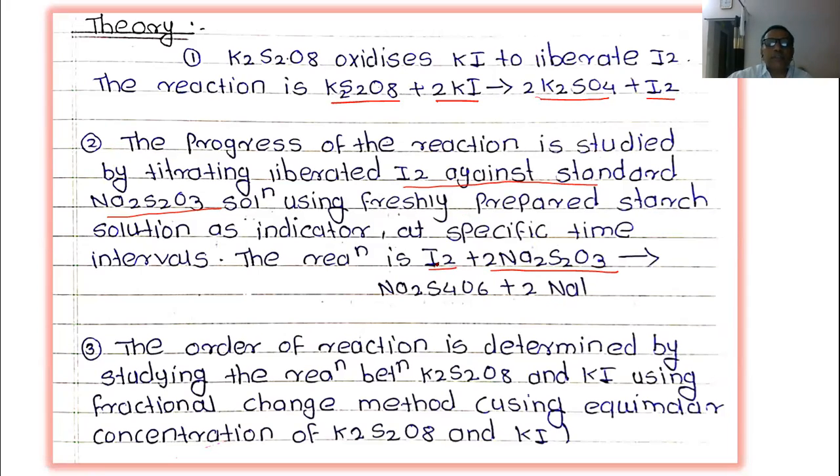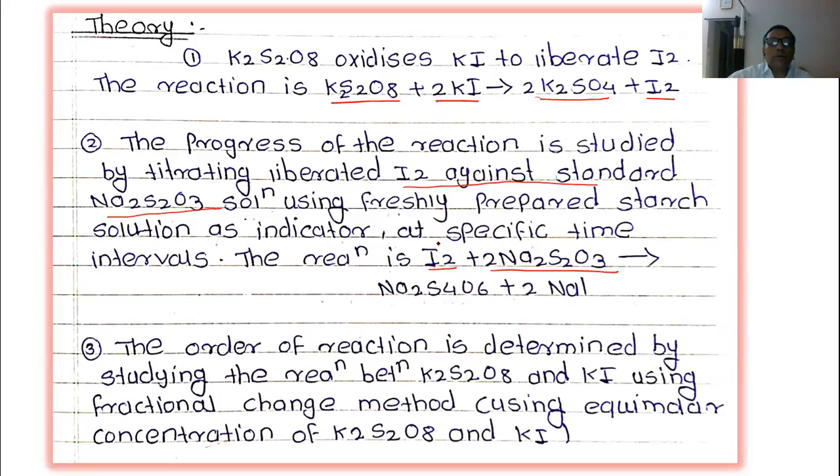So whatever iodine is liberated while the reaction is going on is titrated against the sodium thiosulfate solution. In this reaction, both the reactants are involved, so the rate of the reaction is supposed to be dependent on the concentration of the two reactants.